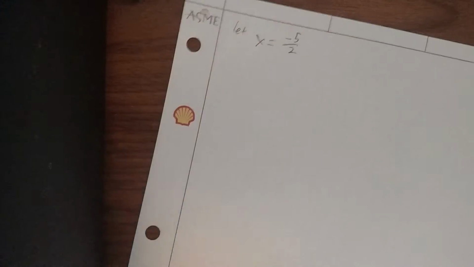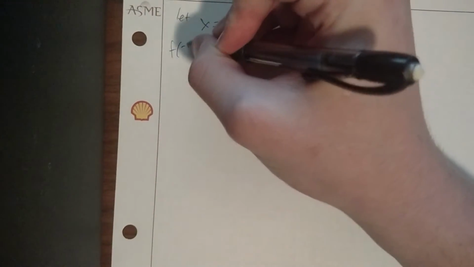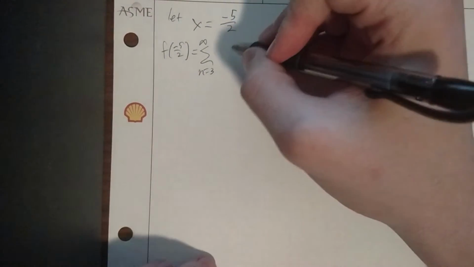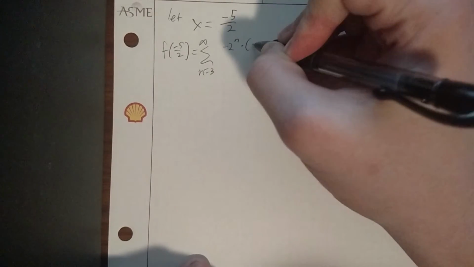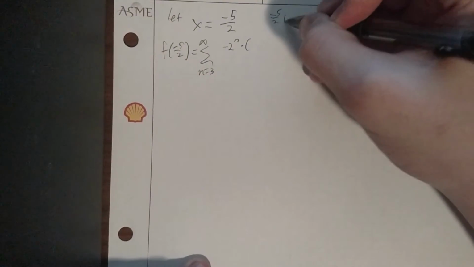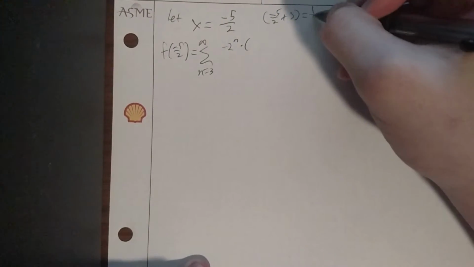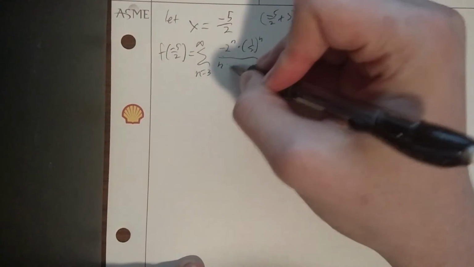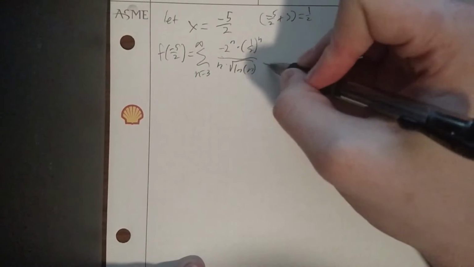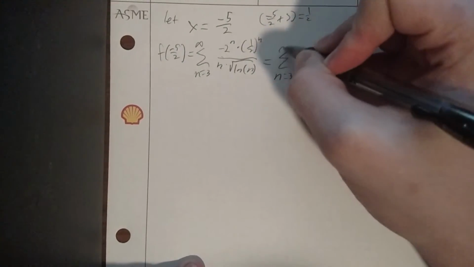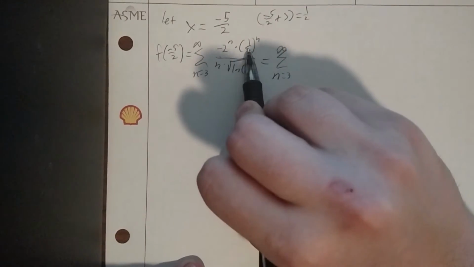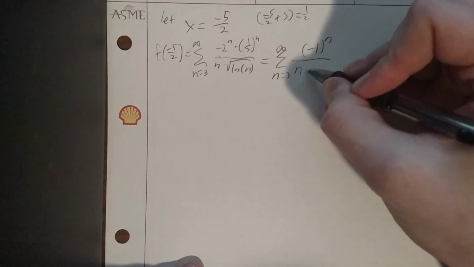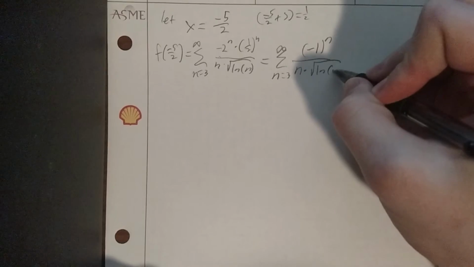So letting x equal negative 5 halves, f of negative 5 halves is equal to the series from n equals 3 to infinity of minus 2 to the n times minus 5 halves plus 3, which is 1 half, so 1 half to the n over n times the square root of the natural log of n, which is equal to the series from n equals 3 to infinity of minus 2 to the n times 1 half to the n, which is minus 1 to the n over n times square root natural log of n.